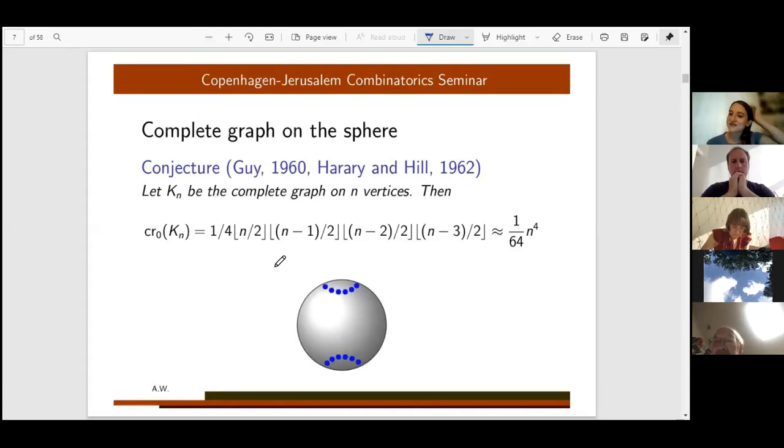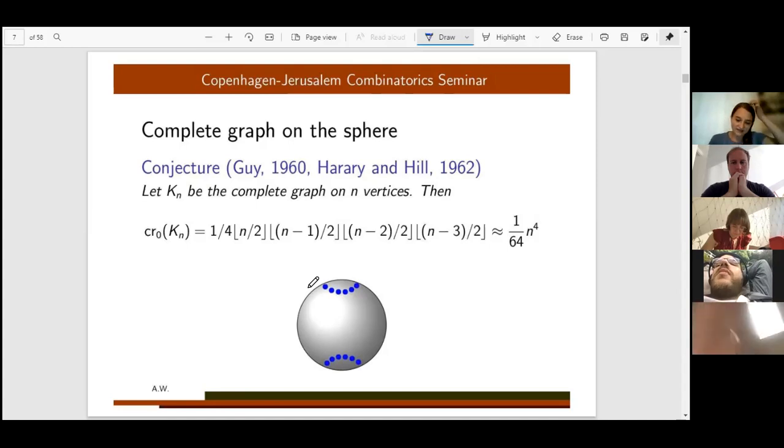One drawing which does achieve this bound could be, for example, on the sphere, and actually this is the drawing that Guy found in 1960. We can split the vertices of the complete graph into 2 parts. Half of the vertices we put at the top around the North Pole, say, and the other half we put at the bottom, say the South Pole, on the same circles.